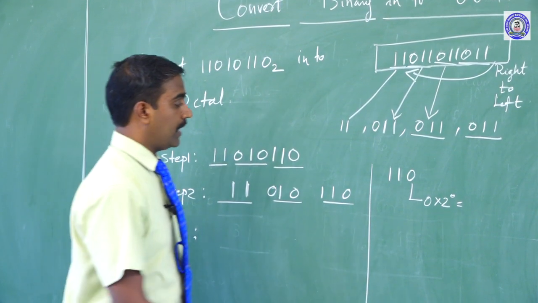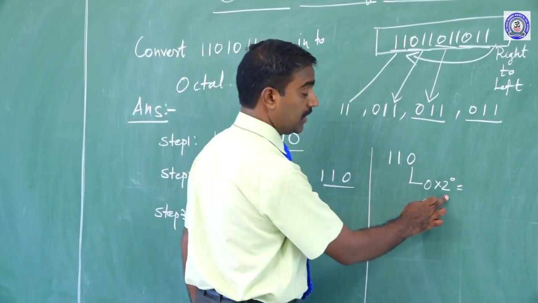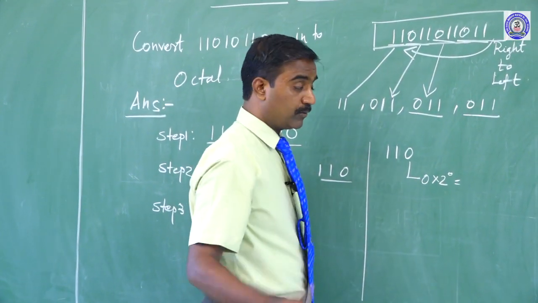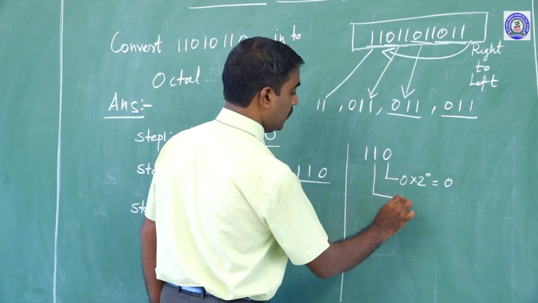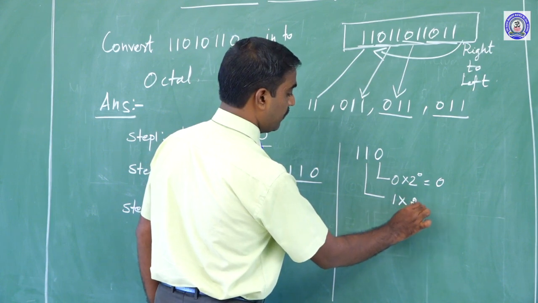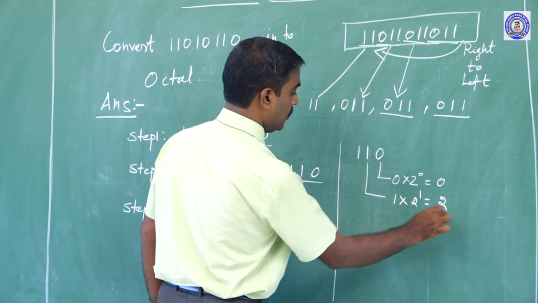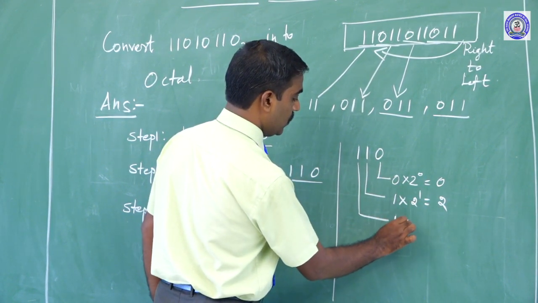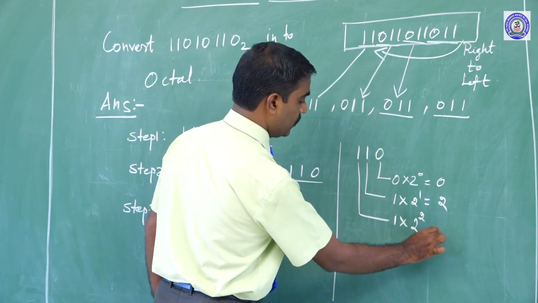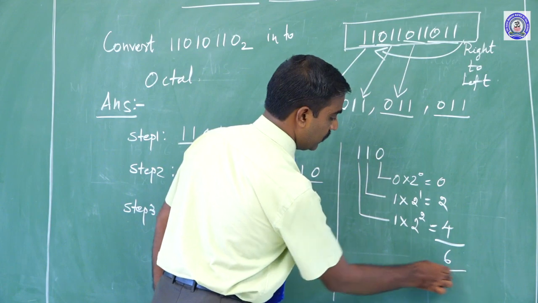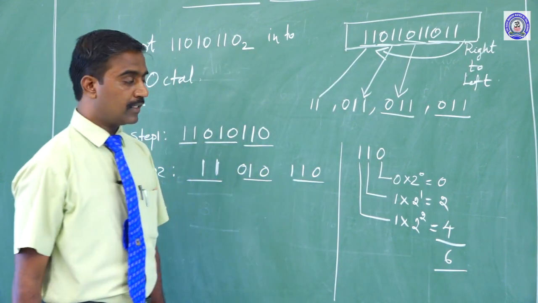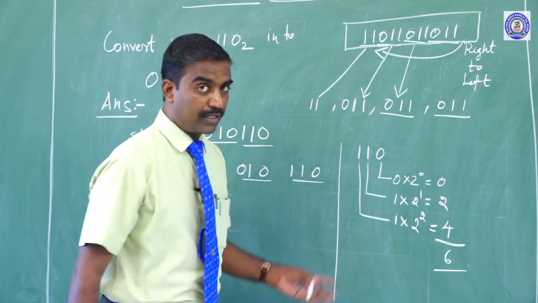Anything to the power of 0 is equal to 1, so 0 into 1 equal to 0. Here 1 into 2 to the power of 1 is 2. Here also 1 into 2 to the power of 2 is equal to 4. That's why 2 plus 4 is 6. Clear?